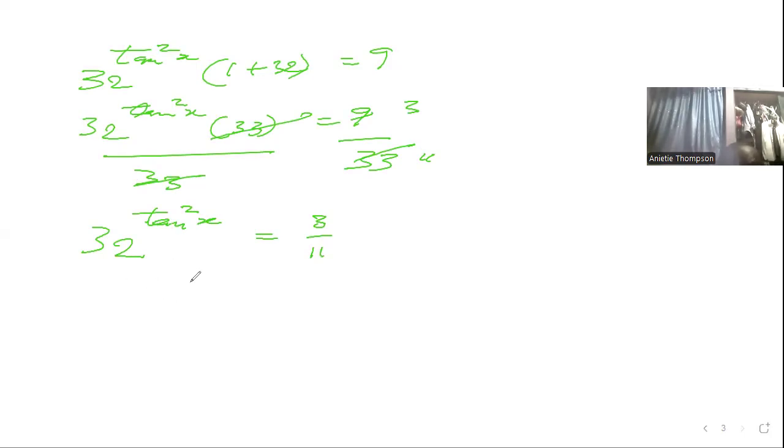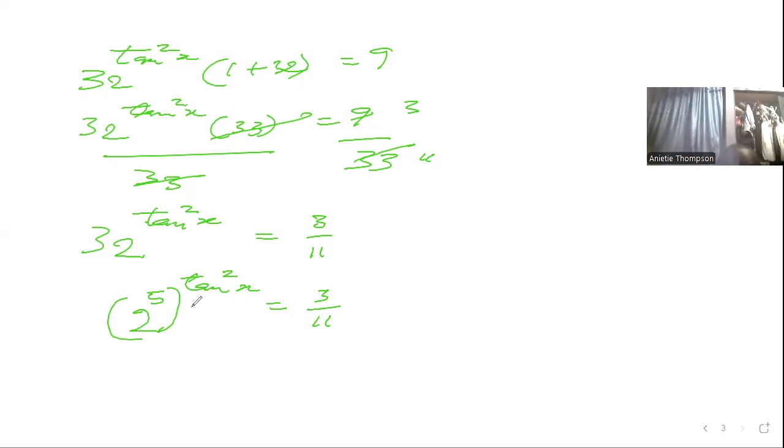Okay, so at this point, I just want to make things a little bit easy for myself. I can write 32 in indicial form. I will write 2 raised to the power of 5, in tan square x equals 3 over 11. All right, so that really makes work much easier for me to deal with.